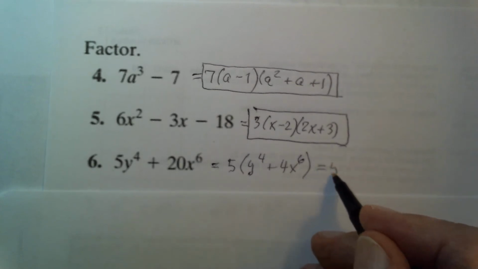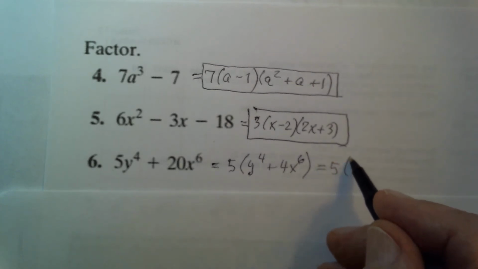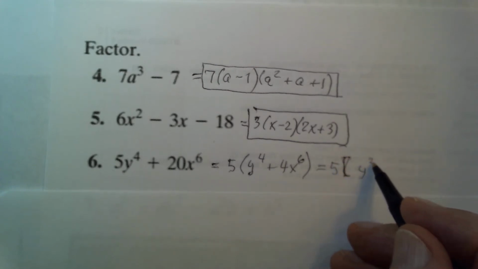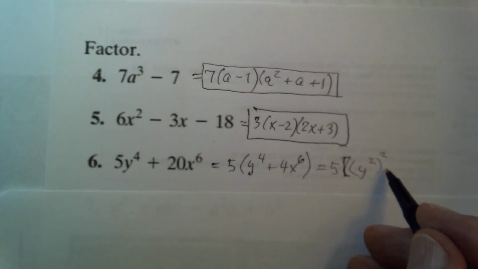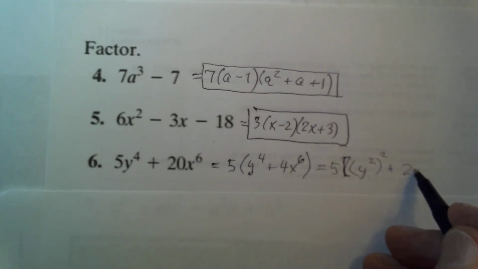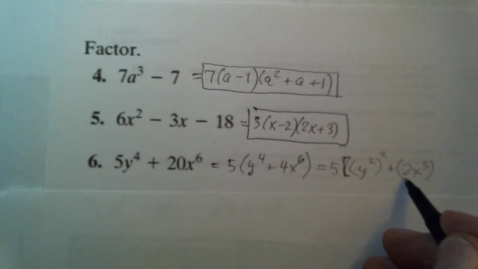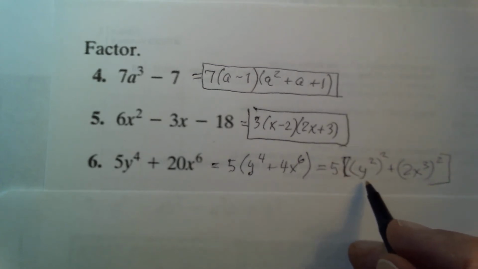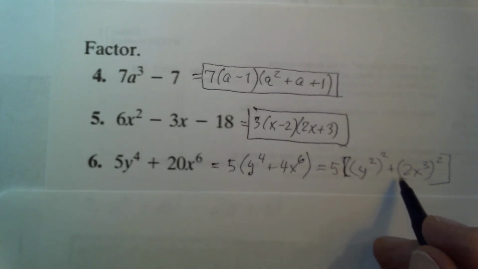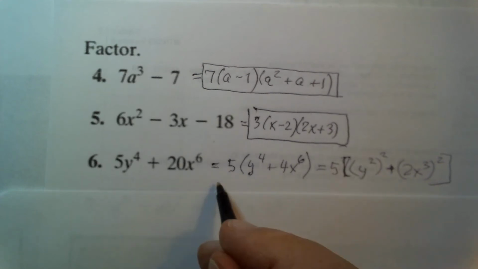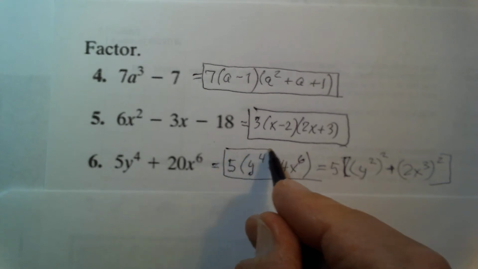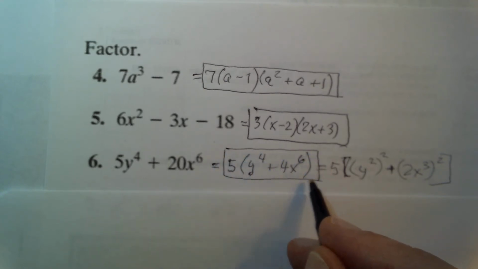So it'd be 5 times, put brackets in here, y squared to the 2nd power plus 2x to the 3rd raised to the 2nd power. But this is now the sum of two squares, and we know, or at least we hope we remember, that the sum of two squares is always prime. So that's the only factorization that's possible here, by factoring out the greatest common factor.